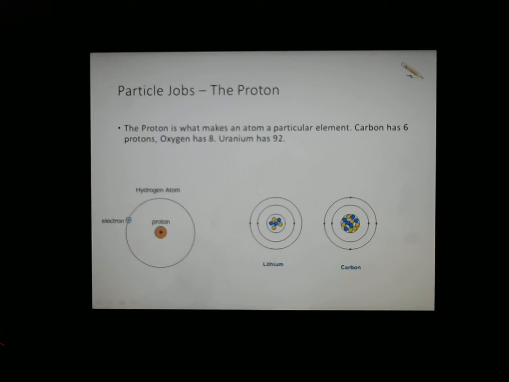Yeah, it looks like they could be using blue or yellow for the protons there, but let's say that's the blue ones. If we jammed another proton into it, it would become beryllium. Okay. And we're going to see some examples of that later on in the unit, where we will build some atoms using simulators and see what happens when we add more protons to things. So a proton makes an atom what it is.